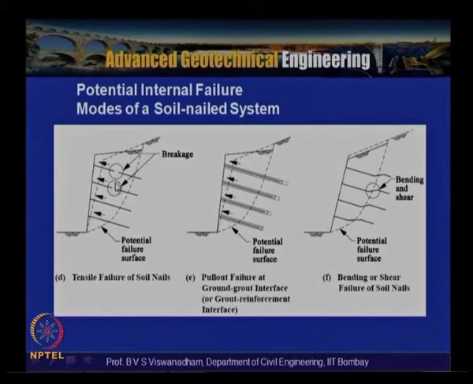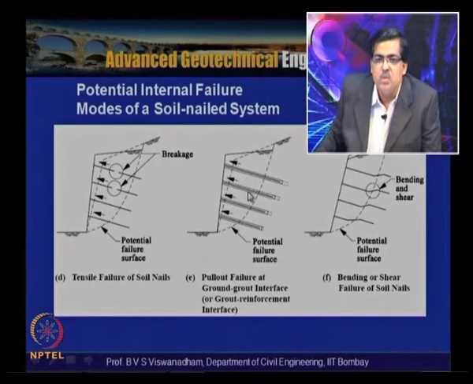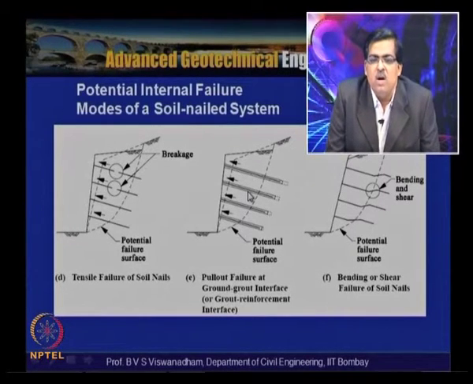With that, the slope surface moves forward and there is a possibility of instability. Then there is pull-out failure at the ground-grout interface or the grout-reinforcement interface. These things will lead to the slope moving outward and undergoing failure.